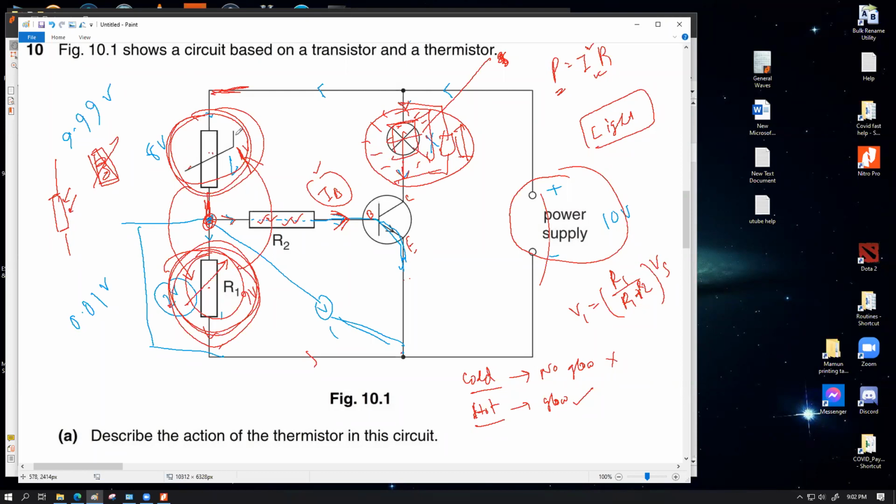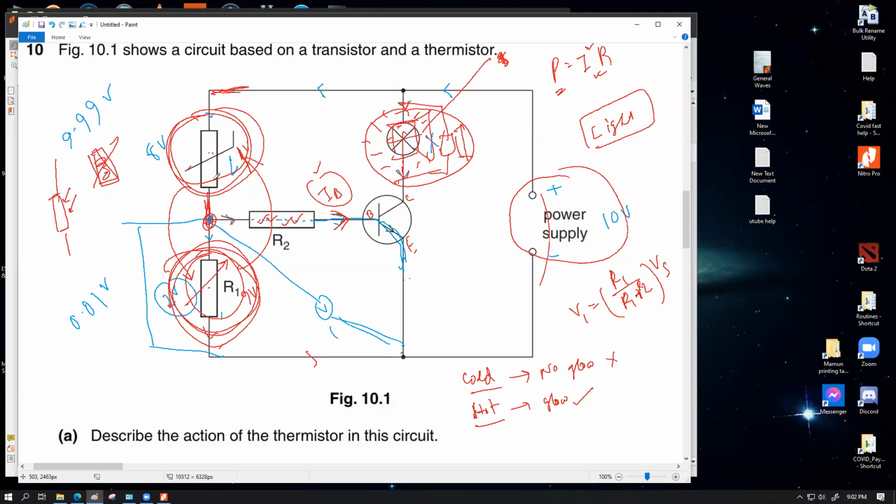So if you replace this thermistor with an LDR, this entire circuit will become a light sensing device. So at high brightness, it will work as if with a low resistance, something similar to if this thermistor was working at high temperature, because at high temperature, the thermistor has low resistance, and LDR at high brightness of light has low resistance. So similarly, and vice versa.